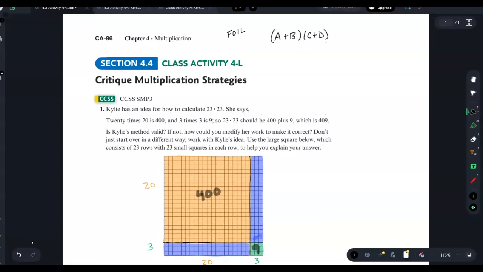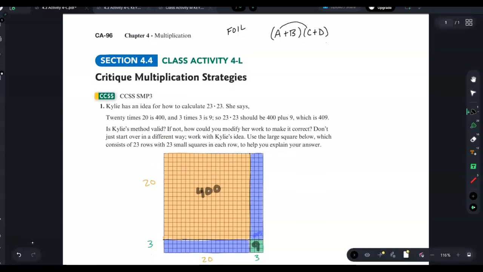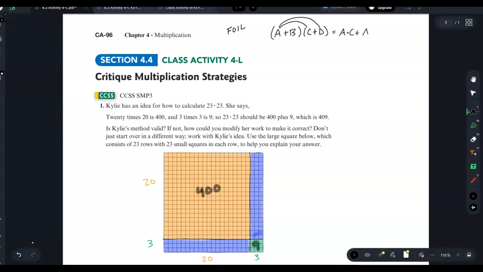So I could start with a times c, and then I can go to the outer terms, so a times d, then the inner terms, b times c, and then finally the last terms. So first, outer, inner, last is FOIL. And so this is a version of the distributive property, and I'm just kind of reminding you of this version.